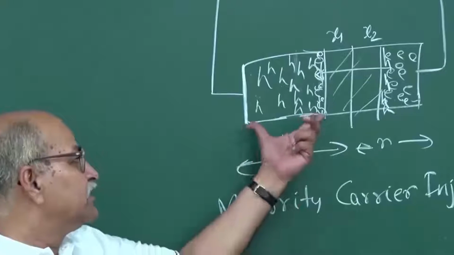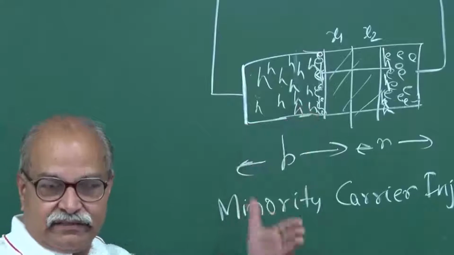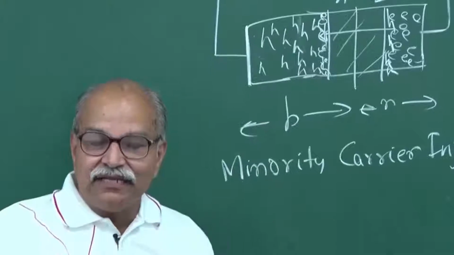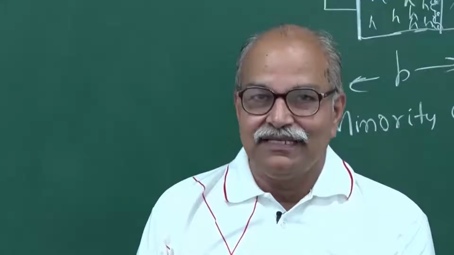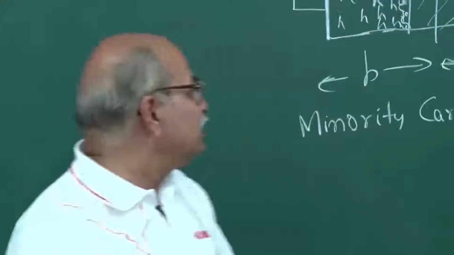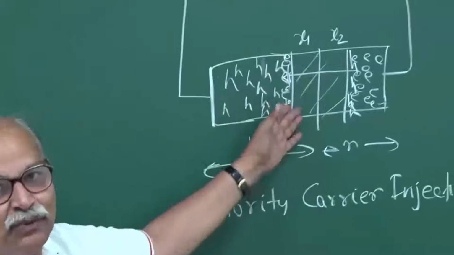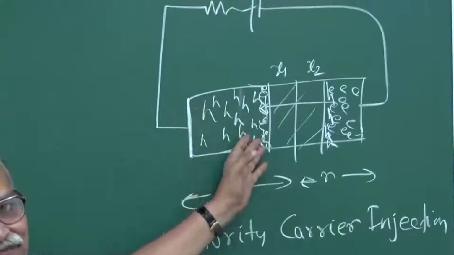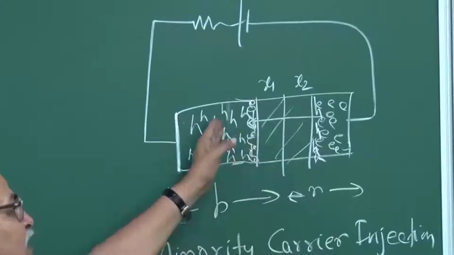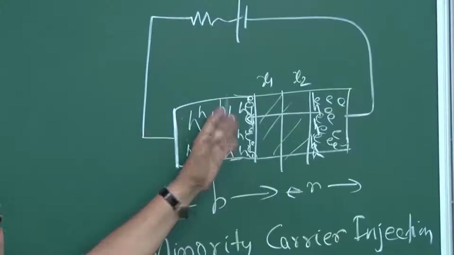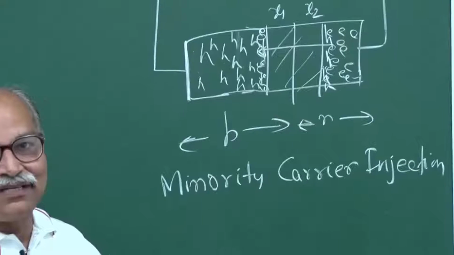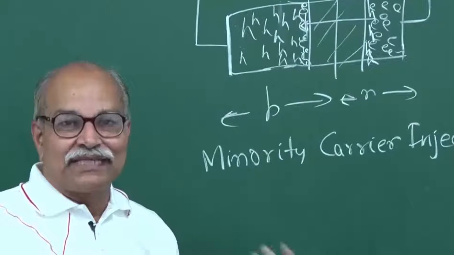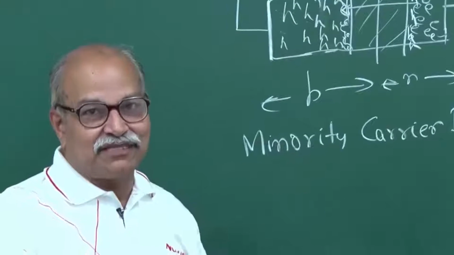And if this width is sizable, then in the process these electrons can combine with the holes because there are so many holes sitting here. So when the electron combines with the hole, that charge stability, or the charge equilibrium or steady state condition, will be disturbed.